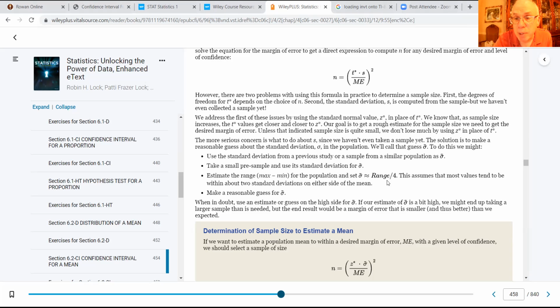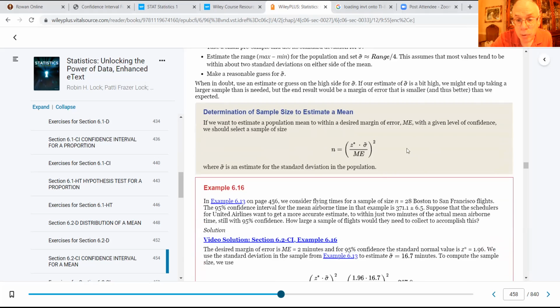So we have to estimate sigma. We use z instead of t. In other words, we use this formula here. Now, the problem itself will tell you the margin of error. Usually the key word that's being used is within. They say within 2 units, within 3 units, whatever that is, that is the margin of error.